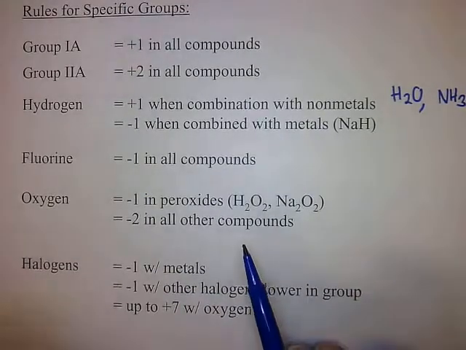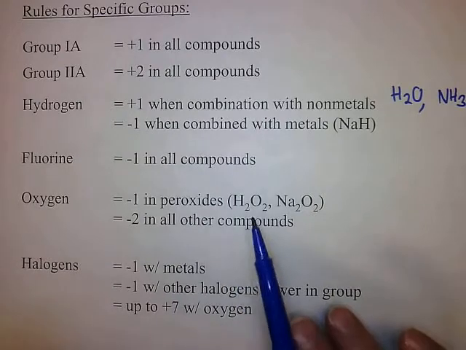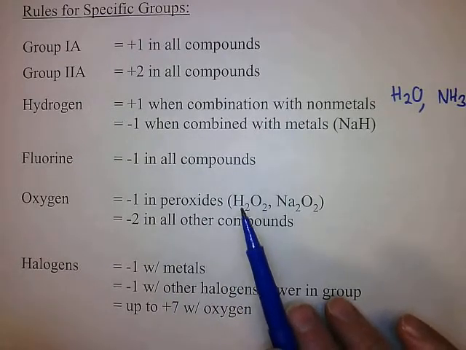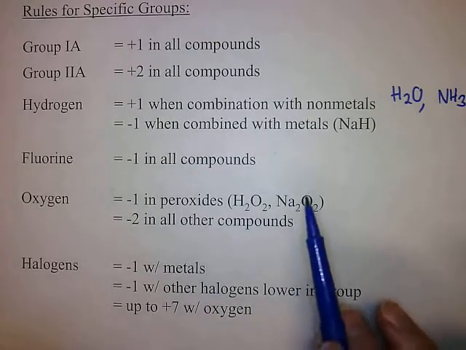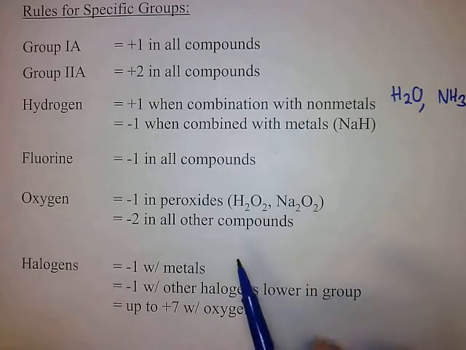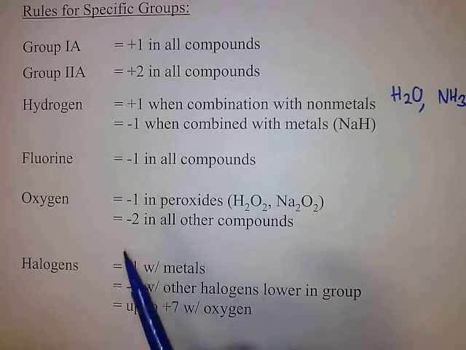Oxygen is -1 in peroxides, things like hydrogen peroxide, H2O2, or sodium peroxide, Na2O2. And it's generally -2 in all other compounds.